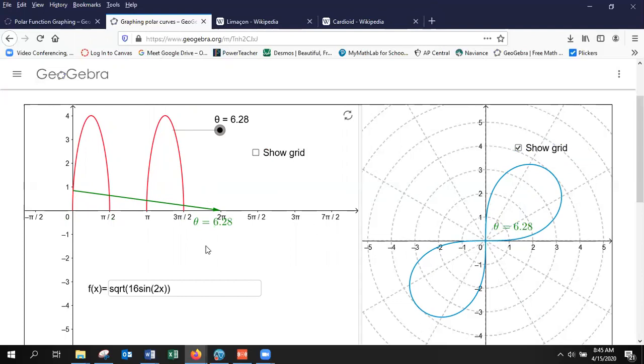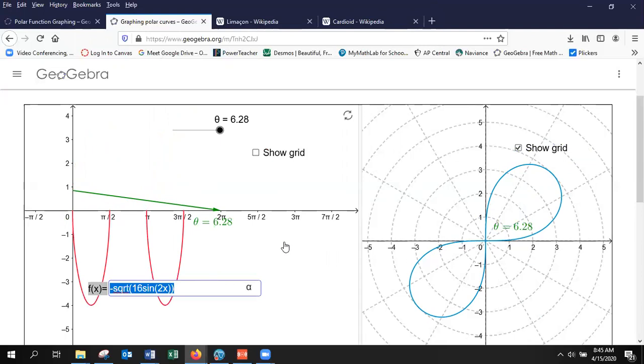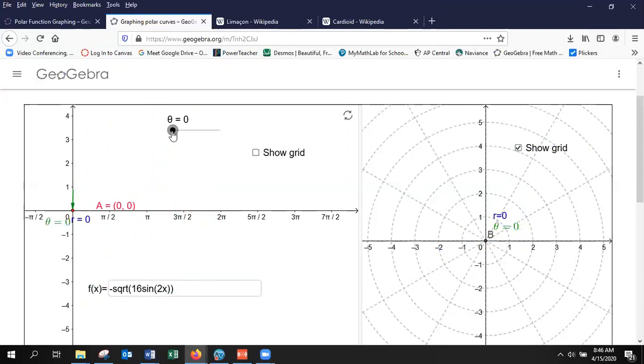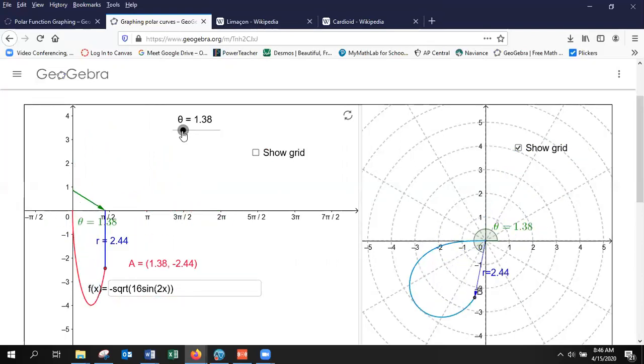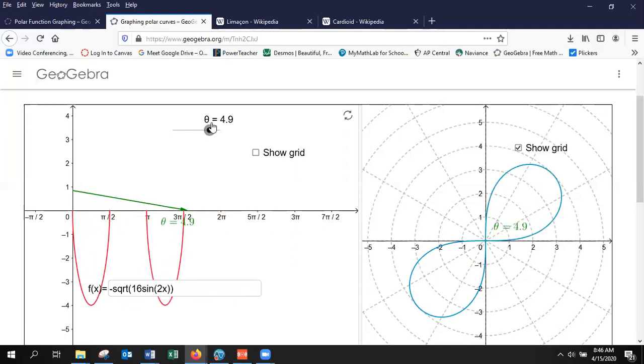It's an imaginary petal. If I make this negative, how does that change the graph? It actually doesn't, surprisingly enough. But what happens is how this graph gets generated. There we go. How this graph gets generated, we now generate that quadrant 3 petal because of the negative radius first. Then we generate the quadrant 1 again because we always have negative radii.